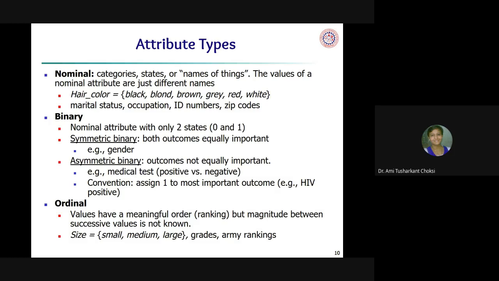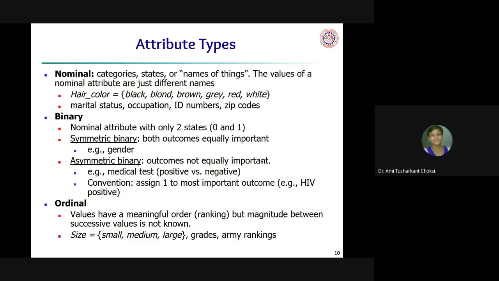If we have 1, 2, 3, the difference between those values is 1. 1 plus 1 is 2. 2 plus 1 is 3, right? So the magnitude between successive values is known. But here what is being said is that we should not know that.